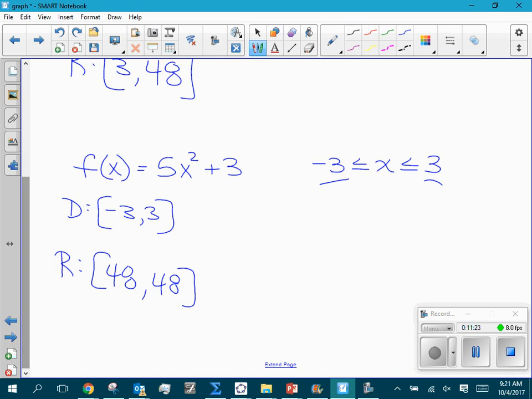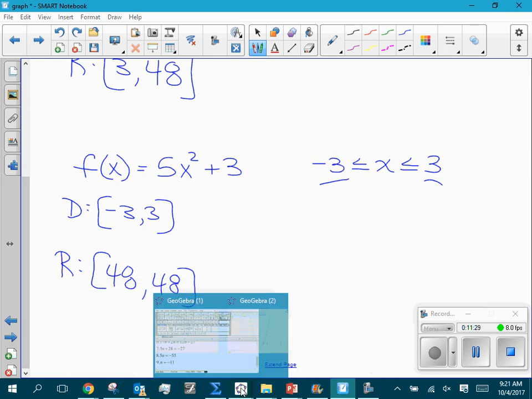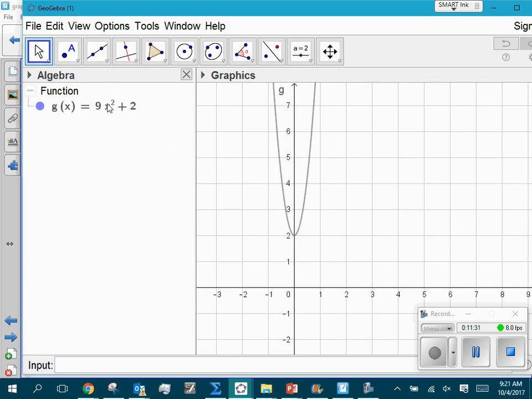Okay, if I look at this graph, it will look like 5x squared plus 3. This wasn't working last period, but see if it will this period. Yep. Okay.